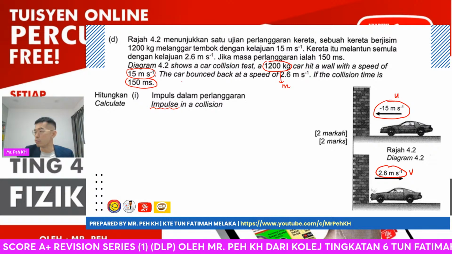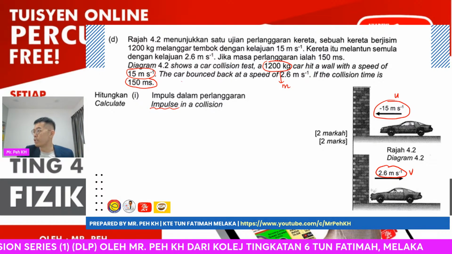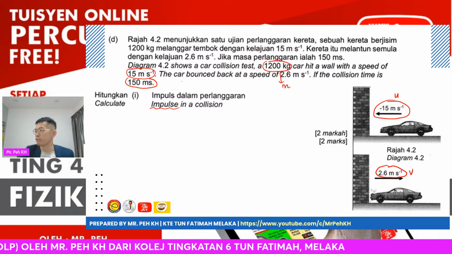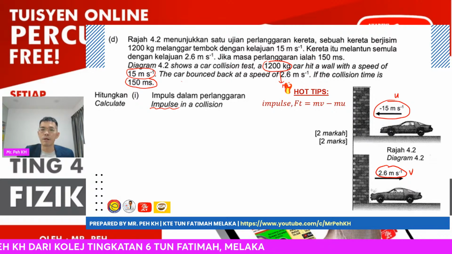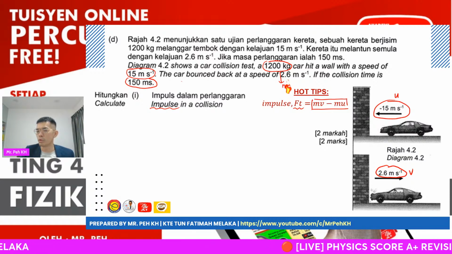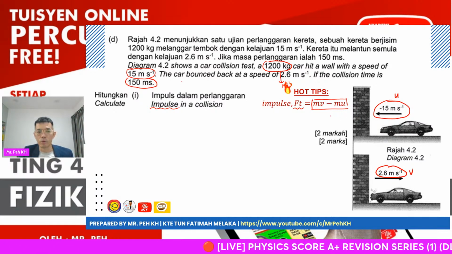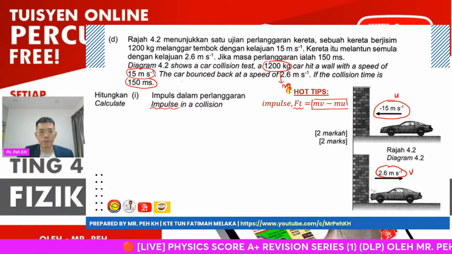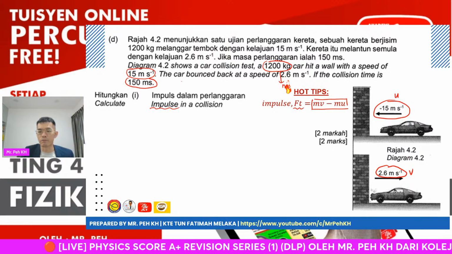Here you have to know the different formulas used in impulse and impulsive force. The impulse will be Ft actually, which we know as the change of momentum. So this will be the formula for you to calculate the impulse in the situation in diagram 4.2.